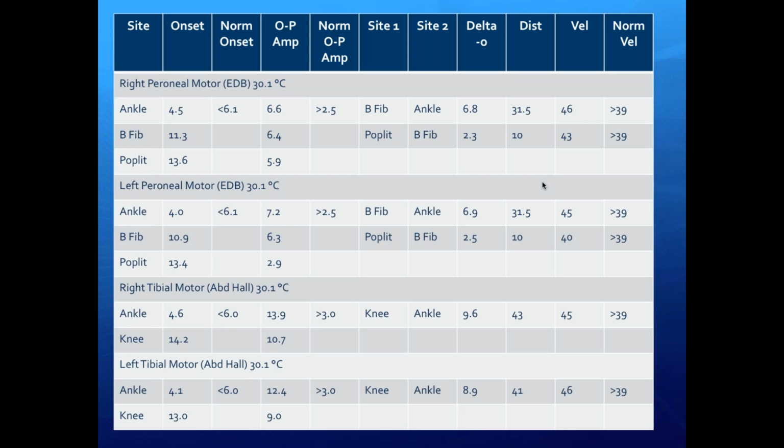Yeah. Got it. So your late responses, along with your needle EMG in the paraspinal musculature, will give you an indication of the anterior horn cell of the spinal cord.